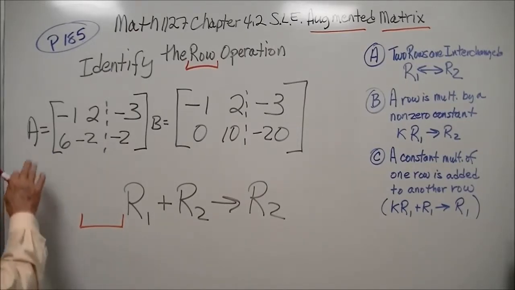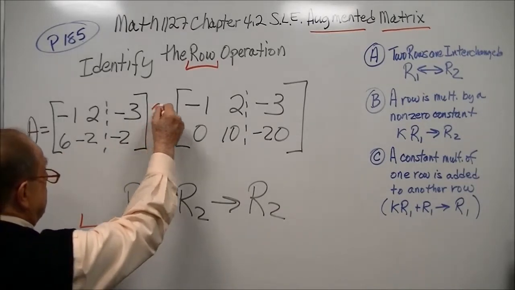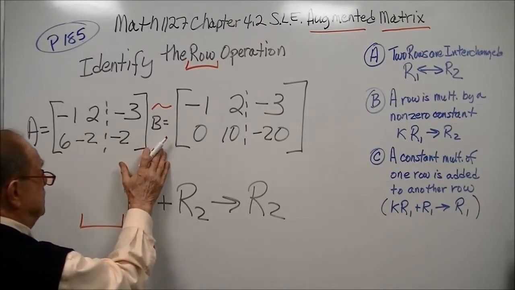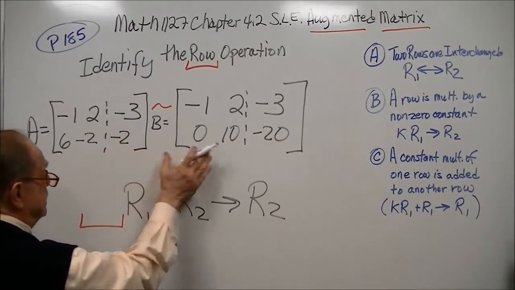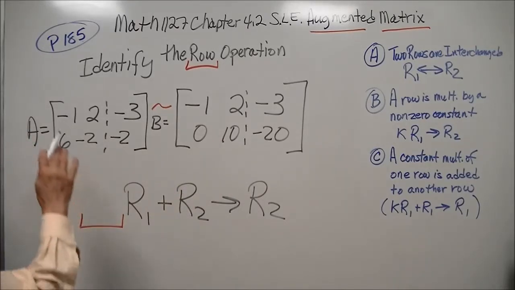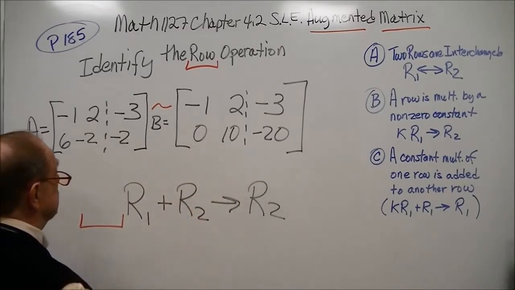Looking at this one, it's set up just a little differently. In the other, they use this sign. Here they're saying this is matrix A, this is matrix B. What happened to these matrices? In a sense, what was the row operation that was done to result in this?